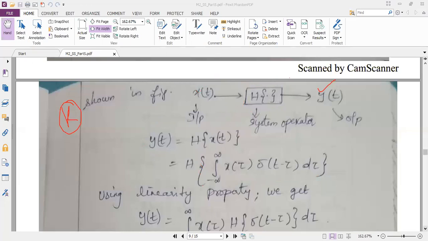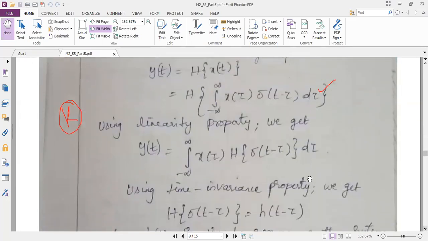When I interchange the integrator and the h operator, see here, my h operator is attached to the delta, and the integral and x of tau I can keep together. So I am interchanging the h operator and the integrator so that I get this combination: integral of x of tau h of delta of t minus tau d tau.